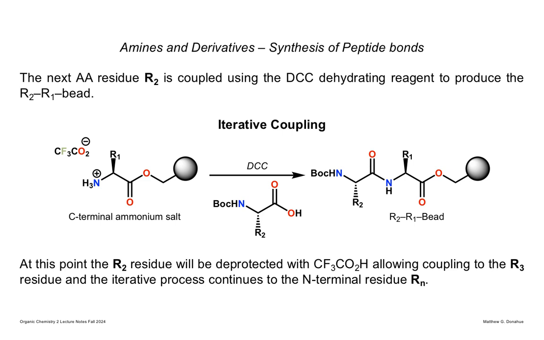So whatever your R2 group is, the DCC is added, the base, the solvent, that's now put on there. Notice this is also Boc protected. So at this point, you're just repeating that process. So you remove the Boc, couple on R3, remove that Boc, couple on R4, and then you grow your chain out.